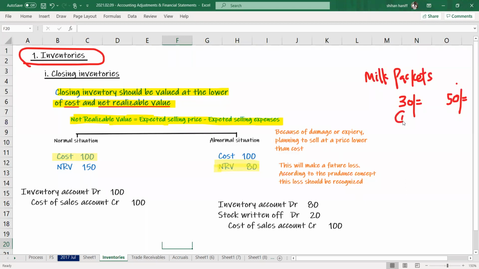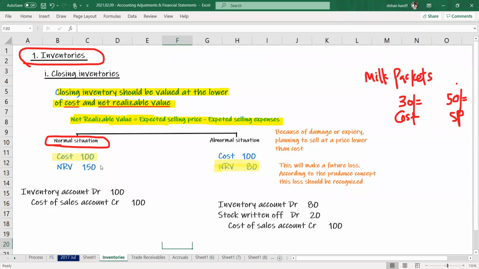Right, this is the cost. This is your expected selling price. Normal selling price is more than the cost. We normally sell at higher than the cost. So that is the normal situation. When it comes to a normal situation, cost is less, NRV is high.